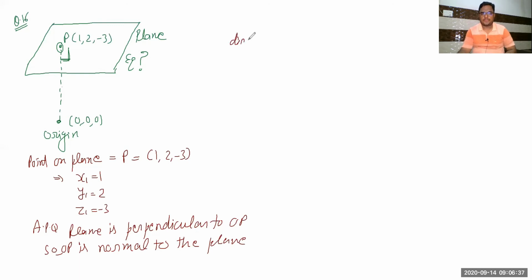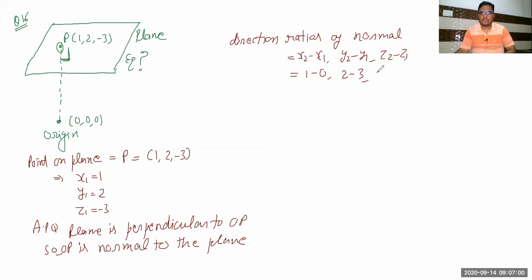Direction ratios of normal is equal to x2 minus x1, y2 minus y1, and z2 minus z1. So 1 minus 0, 2 minus 0, minus 3 minus 0. So 1, 2, and minus 3. So this implies that a is equal to 1, b is equal to 2, and c is equal to minus 3.